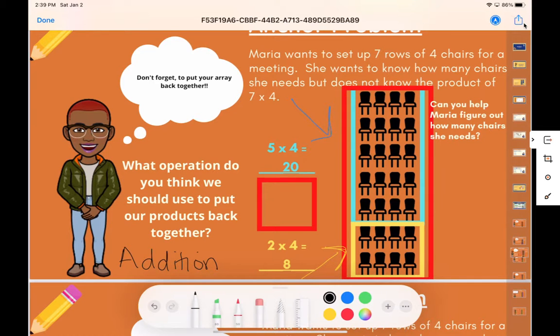And so, what 2 numbers are we going to add together? That's right. We're going to add the 20 and the 8. Use your Nearpod to tell me, what is 20 plus 8? 20 plus 8 equals 28.